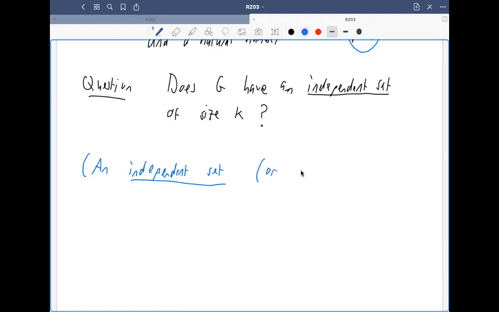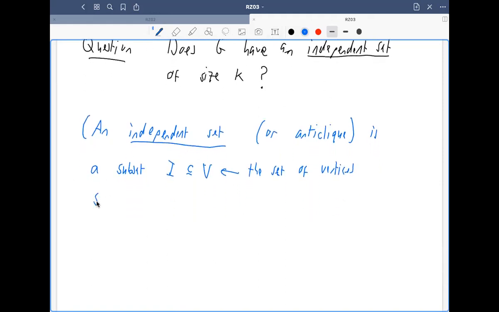An independent set or anti-clique is a subset I of the set of vertices V, where V is the set of vertices of the graph, such that for any two different elements of I, there is no edge between those two. So there are no edges between any of the elements of I in the graph G.